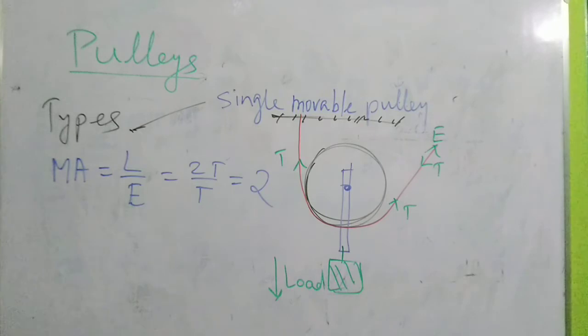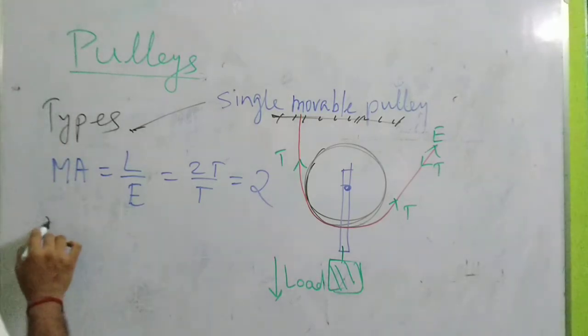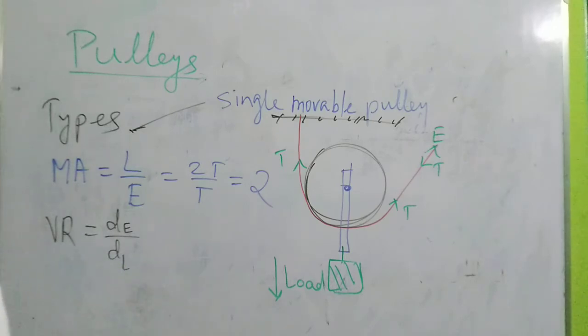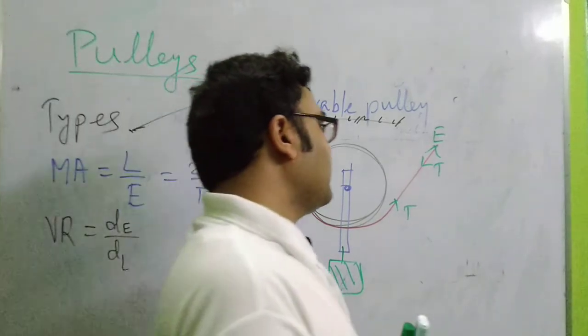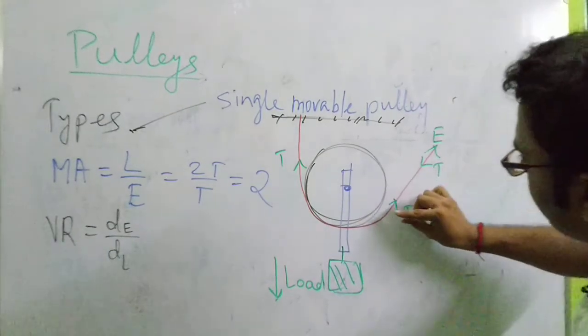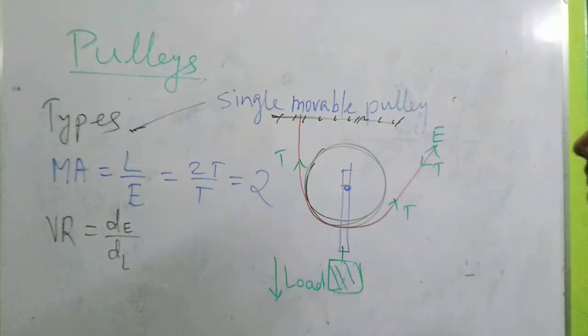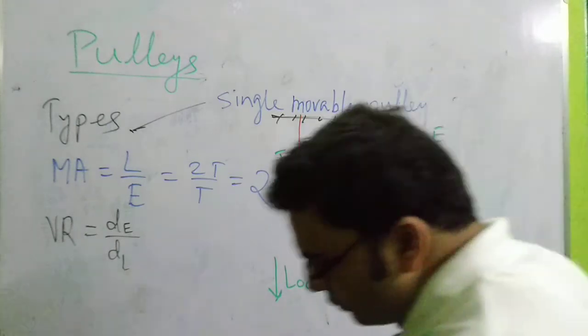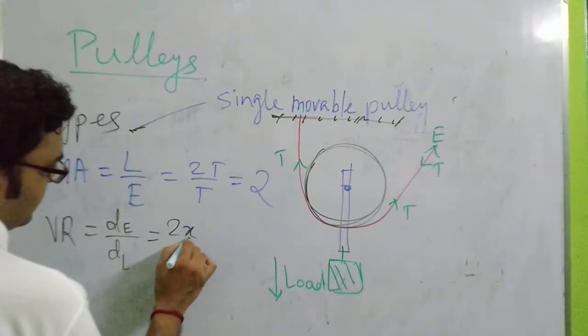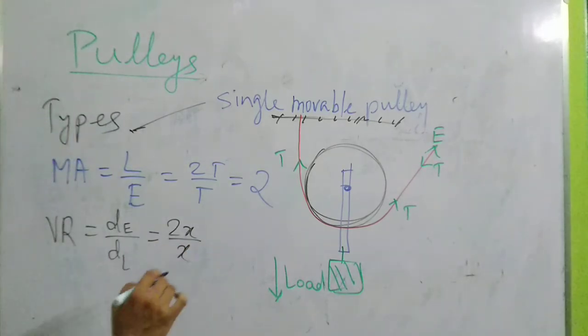And if I consider the velocity ratio, actually when you pull up the load, when the load moves up by a distance of x, the effort actually moves up by a distance of 2x. Okay, so considering the fact that the effort moves up by a distance of 2x when the load moves up by a distance of x, the velocity ratio is also equal to 2.